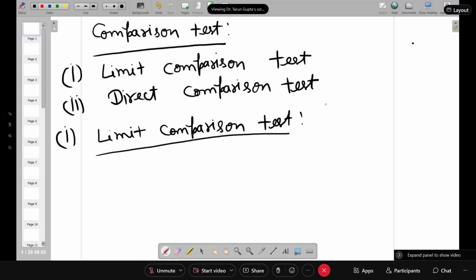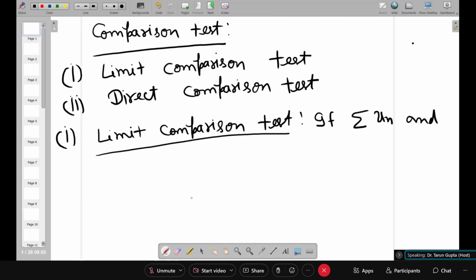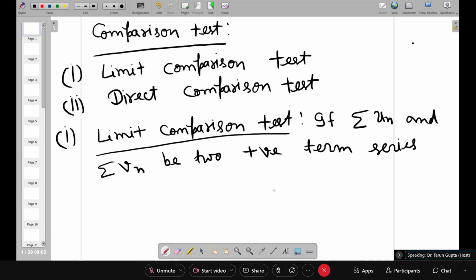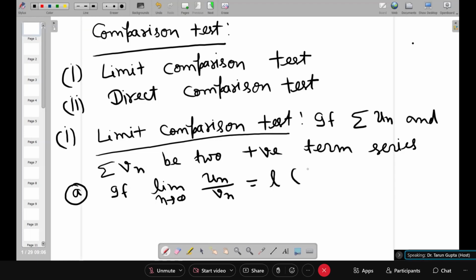So in this test, if summation un and summation vn be two positive term series, and if limit n tending to infinity un upon vn is L, which is finite and unique also and non-zero also.